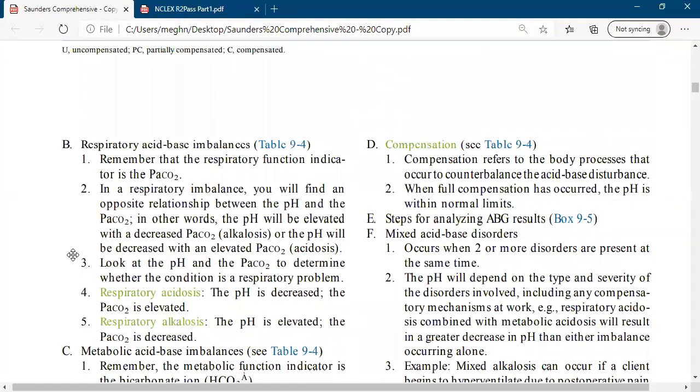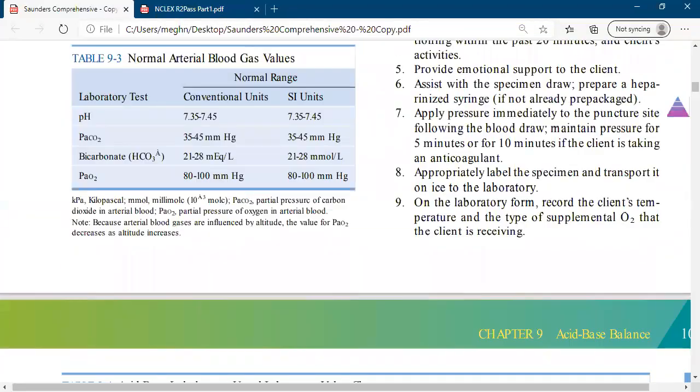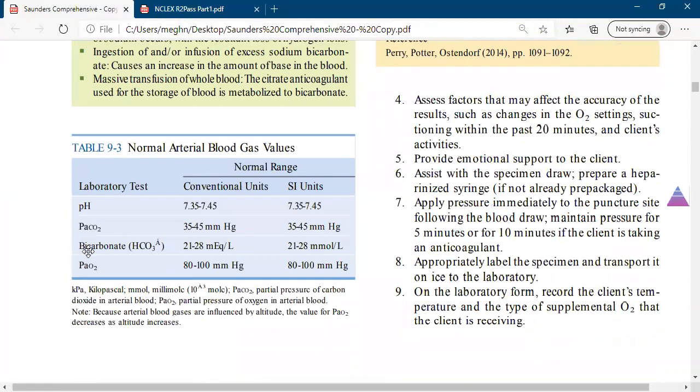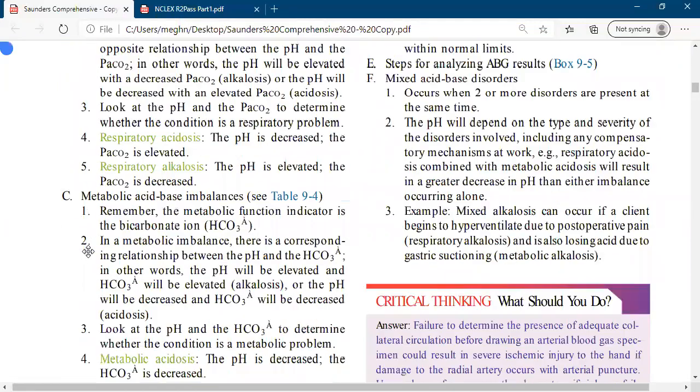So as I said, this is what we have to learn from here. Partial pressure of oxygen is the marker of respiratory problems. Bicarbonate ion is a marker of metabolic change, right? Go next here.